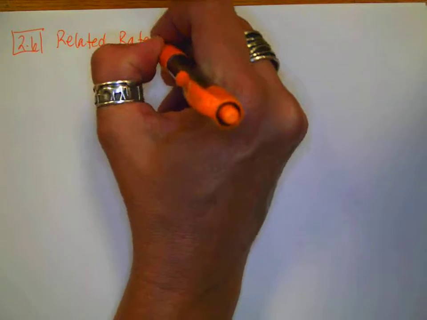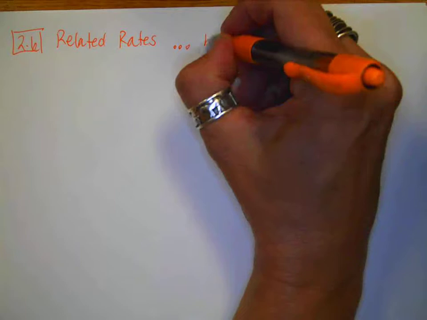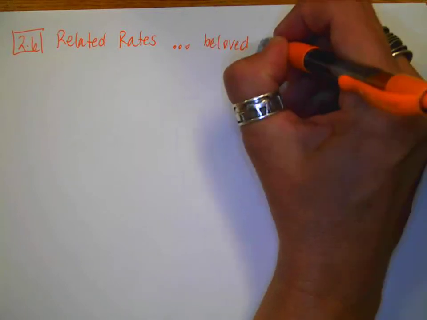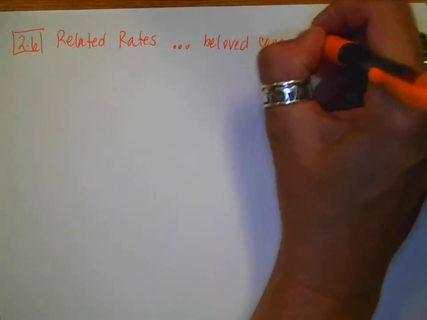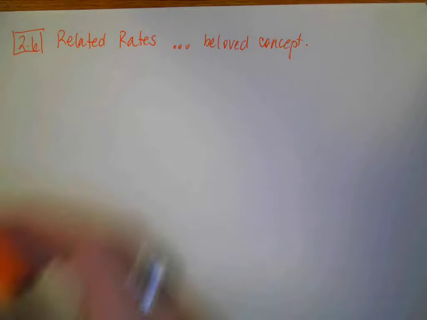And remember, these can sometimes be pretty challenging just because I have a lot of information to manage. And in my notes, I called this our beloved concept. You know, it's enduring, right?